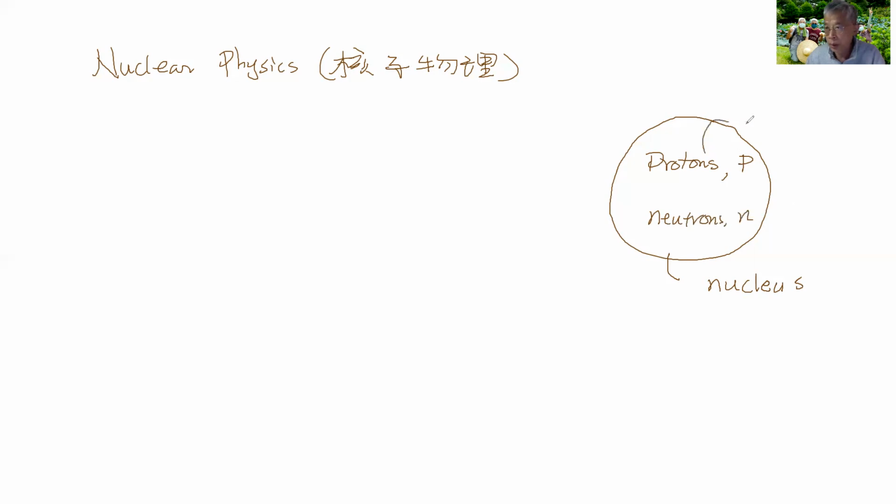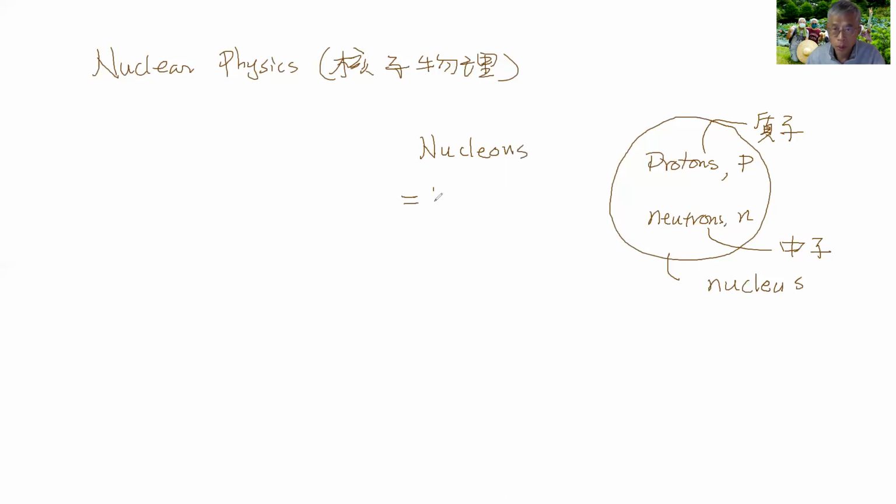So this one here in Chinese, this is 质子. And neutron in Chinese is 中子. Okay? And proton and neutron together are called nucleons. N-U-C-L-E-O-N-S. Okay?